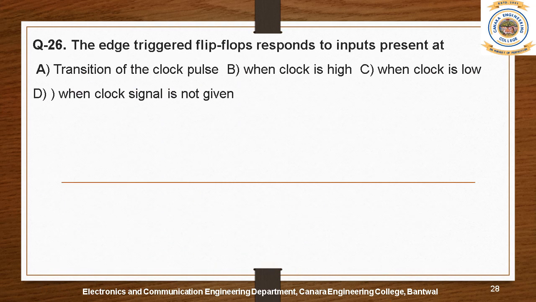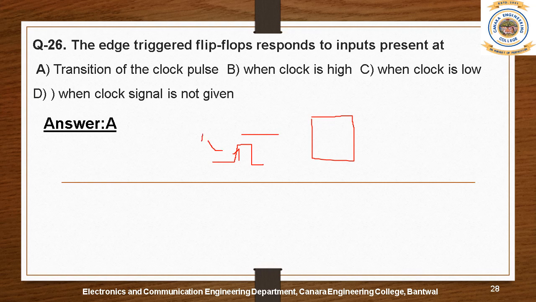The edge triggered flip-flops respond to input present at transition of the clock pulse. Whenever we say flip-flops, when you give data to this, the data is triggered always at the clock edge, either positive edge or negative edge.